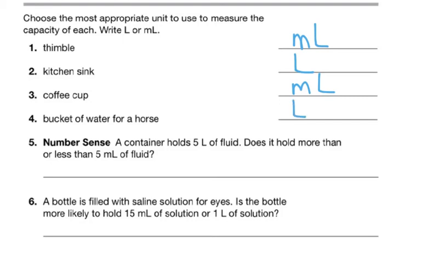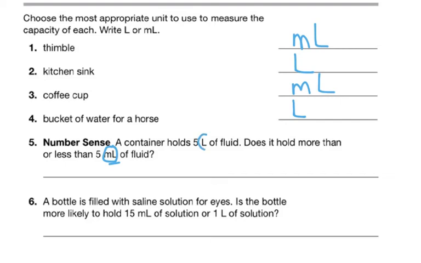Number 5 says, if a container holds 5 liters of fluid, does it hold more than or less than 5 milliliters? So basically, if you have 5 milliliters, that's a tiny amount.